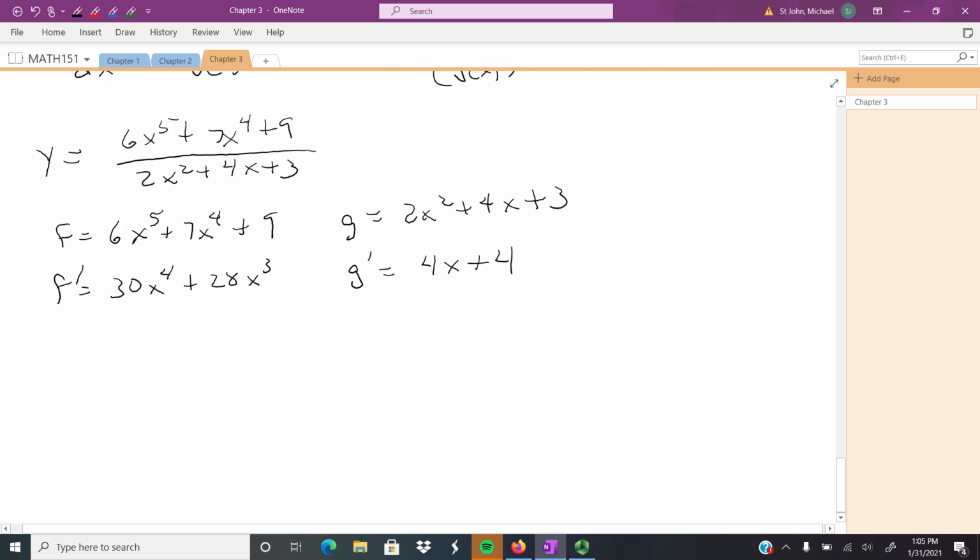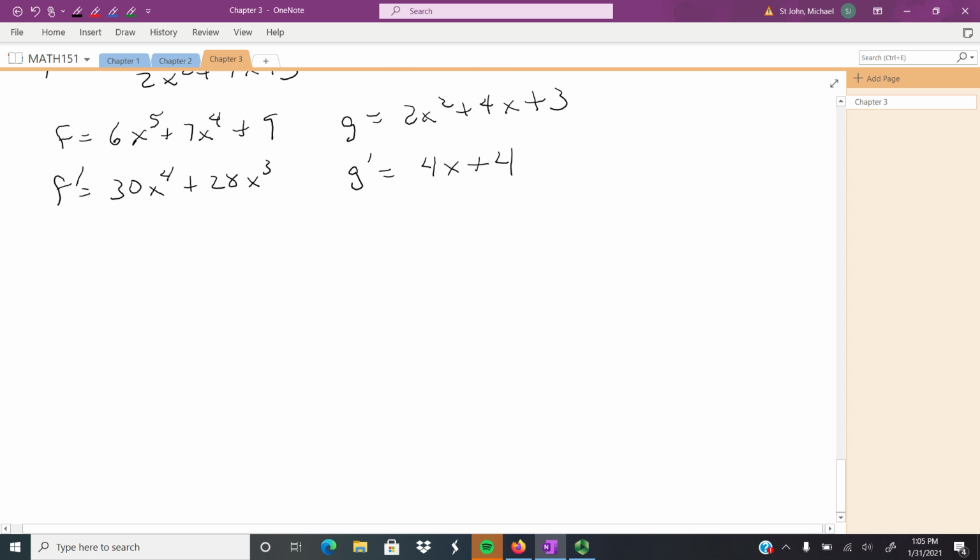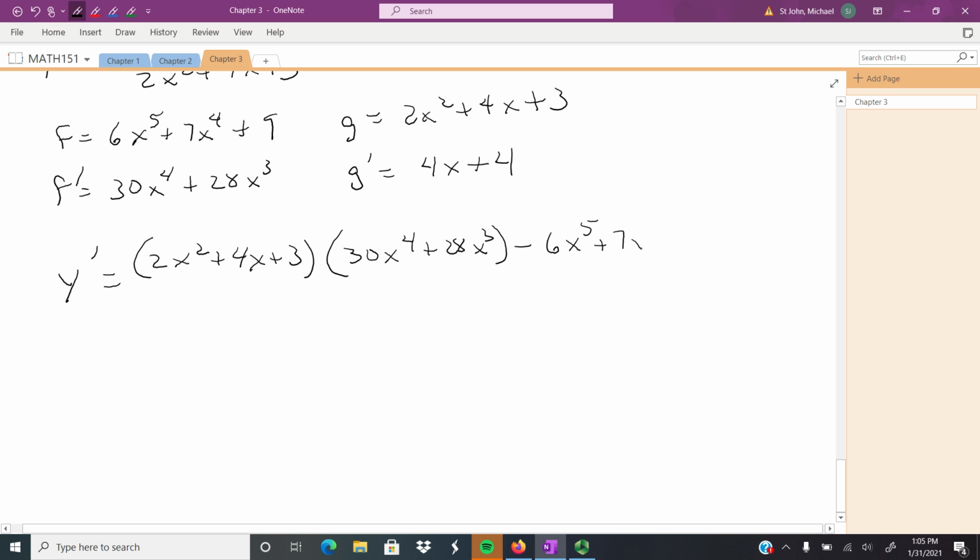And now we just take all our pieces and we plug in. So my derivative is going to be the g of x times the derivative of f, so 30x to the 4th plus 28x cubed, minus f, 6x to the 5th plus 7x to the 4th plus 9, times the derivative of the bottom, which was 4x plus 4.